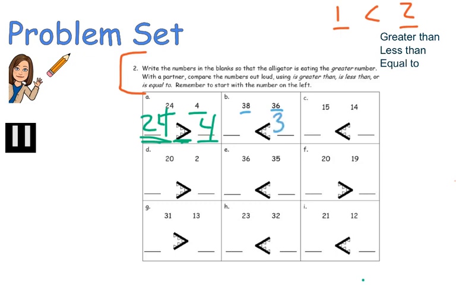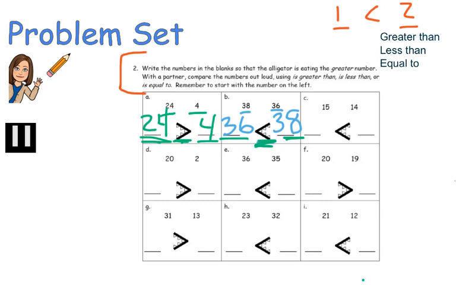This side. So we have to put it on this side. 38. And then the other number is 36, and that's less than. Okay. So be careful when you read this one. Remember, we start on the left. 36 is less than 38.